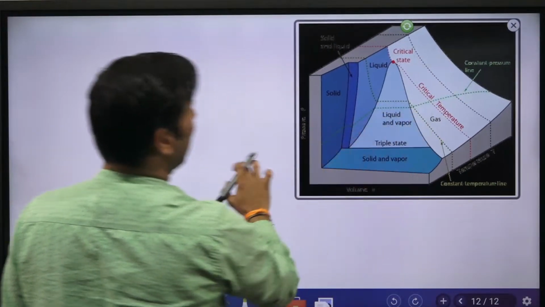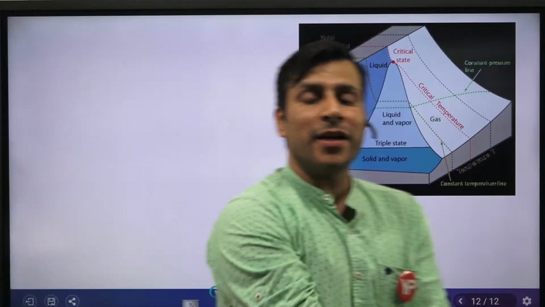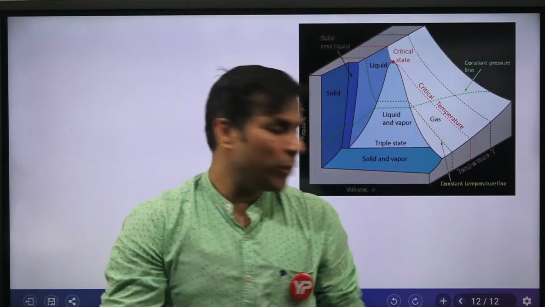Guys, एक होता है phase diagram. Okay, there is a thing which is particularly known as a phase diagram. What do you mean by phase diagram?